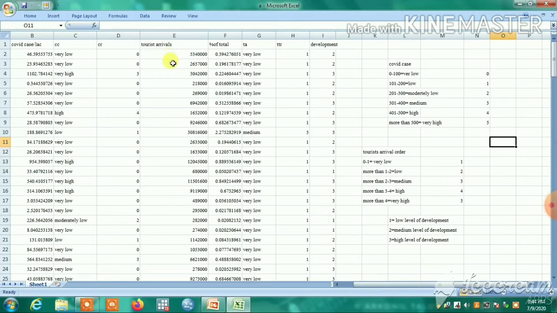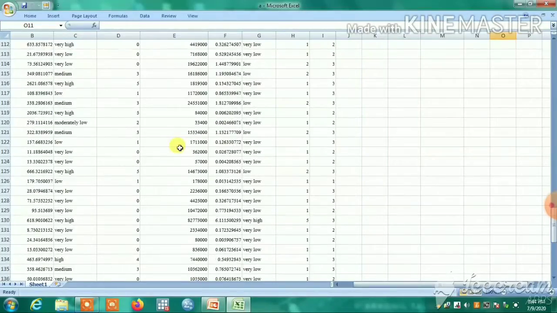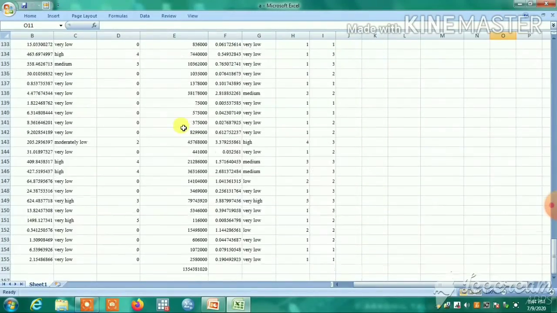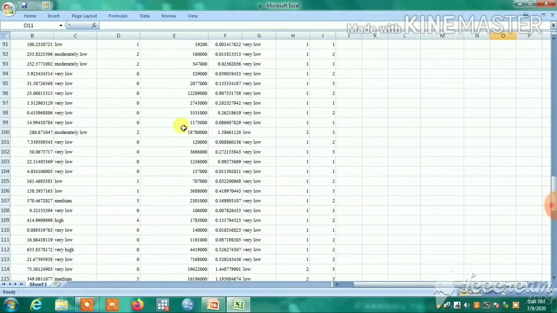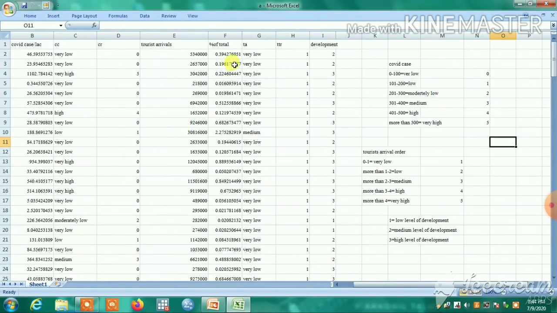Similarly, this is the data for tourist arrival, and we have taken the summation of tourist arrival. We have converted the summation of tourist arrival in terms of percentage of total tourist arrival.